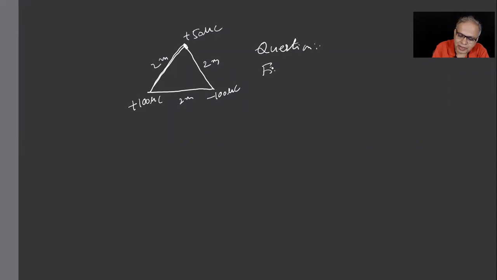Find the electric field, or I'll simply write E bar. Find E bar at the site of, at the point of 50 microcoulombs. So how do you do that?